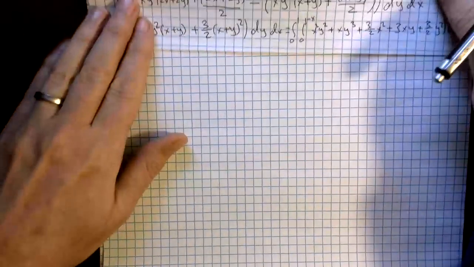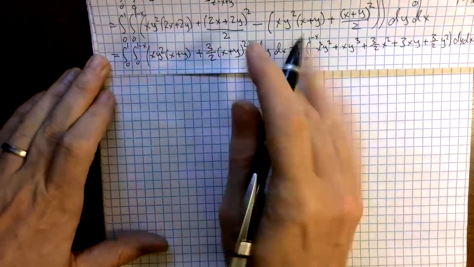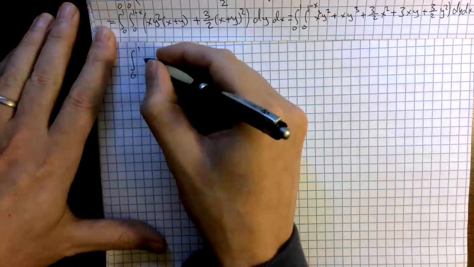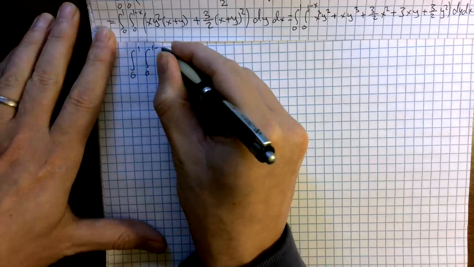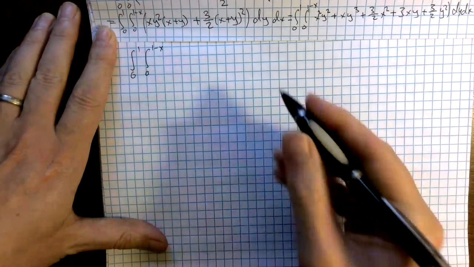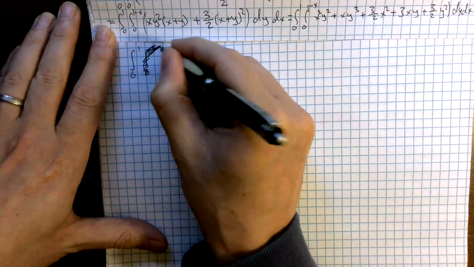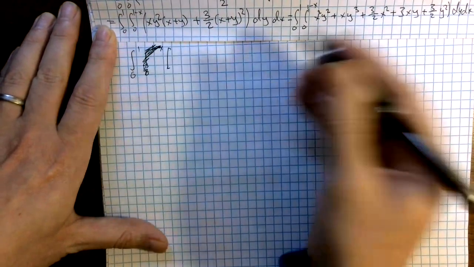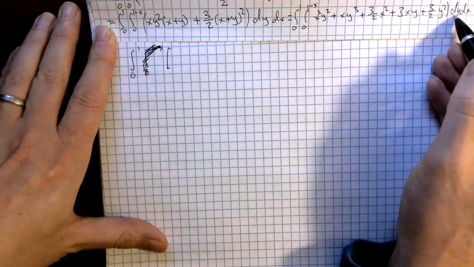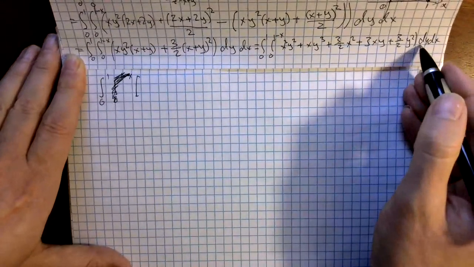All right, since we're already at it, why not finish it? Sorry, I wanted to already anti-differentiate. I'm doing this with respect to y, right?